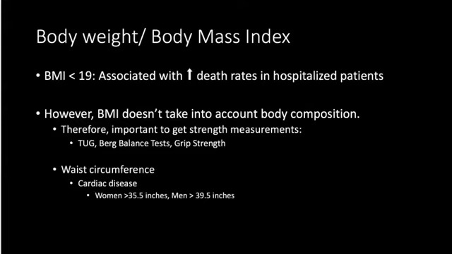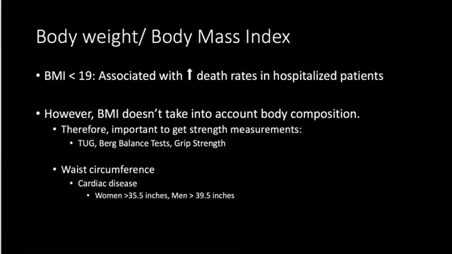Body weight and body mass index. BMI is important to look at. BMIs of less than 19 have been associated with increased death rates in hospitalized patients, so that's that more frail patient. The problem, though, is BMI doesn't take into account body composition, so it's very important that you get strength measurements.